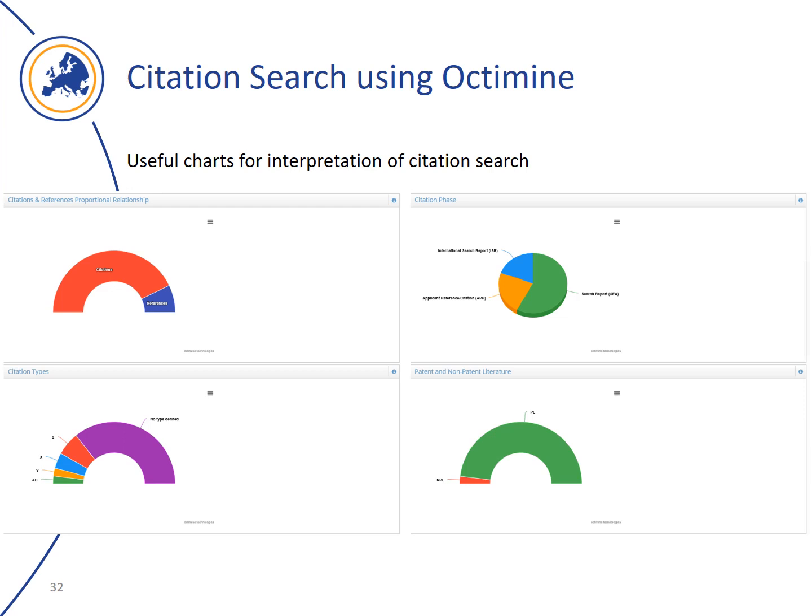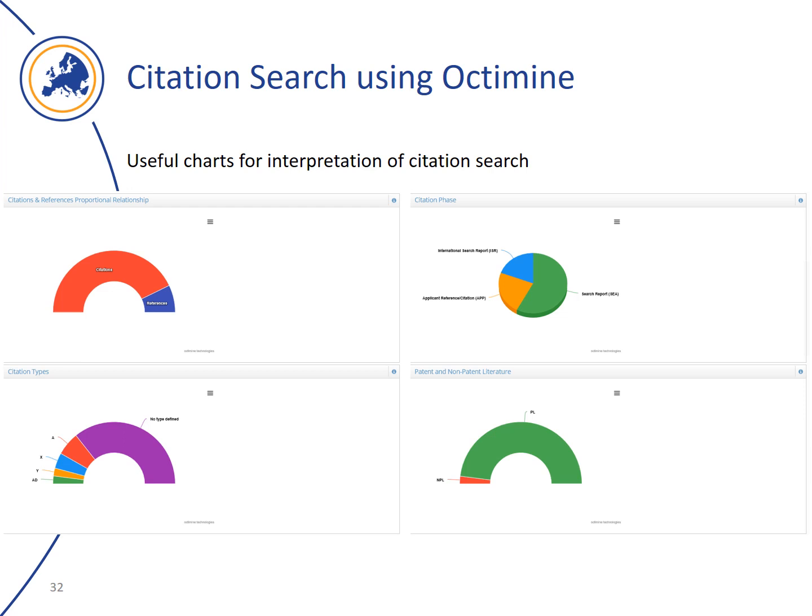For most of them, more than half of them in the search report, then the next fifth or so in the international search report, and about a quarter or so in applicant reference or in applicant citation.